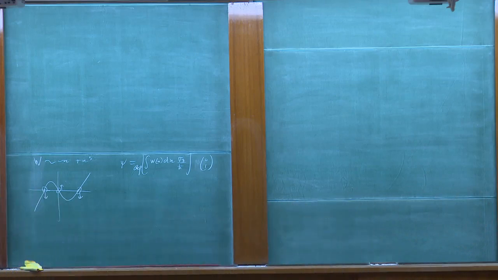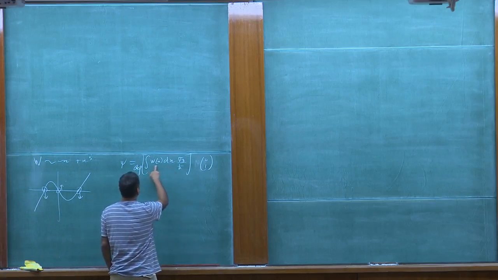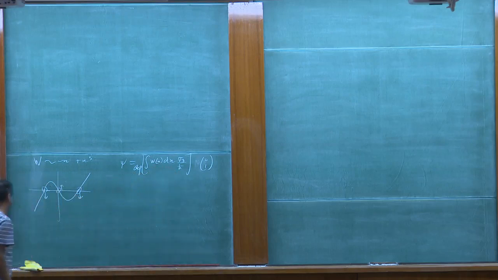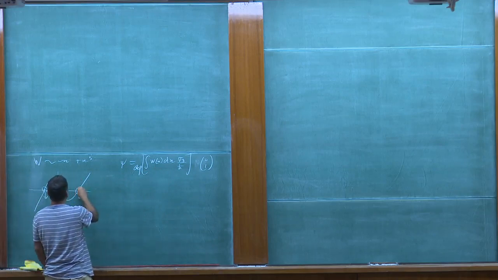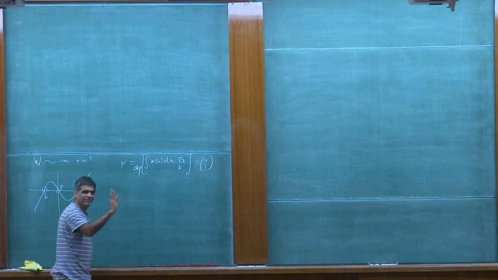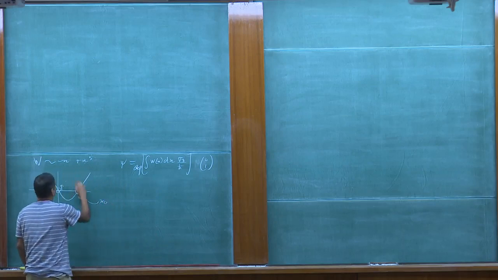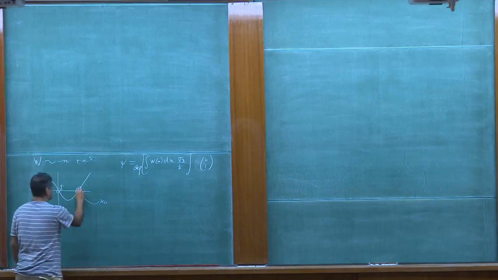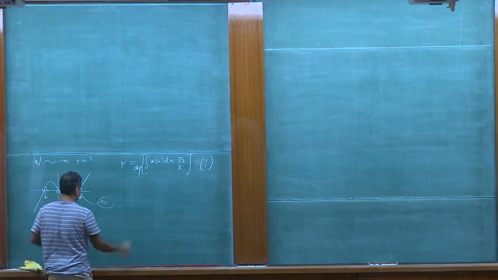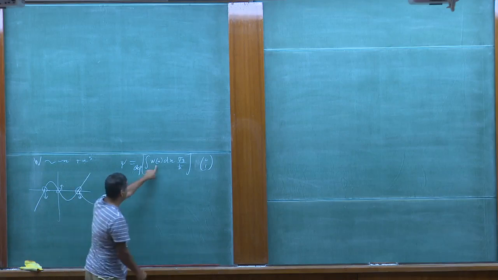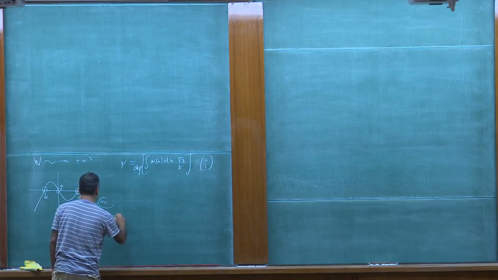Okay? So, let's look at this W here. This W in this neighborhood, say there's some x naught, in this case it happens to be 1 for this choice, but we don't want to fix to such details. There's some x naught where W has crossed this axis. In the neighborhood of x naught, this W was some alpha times (x minus x naught).